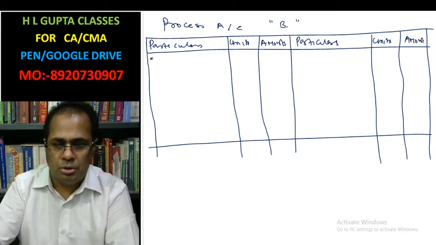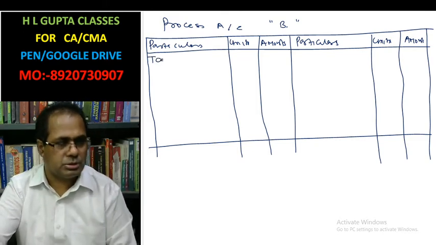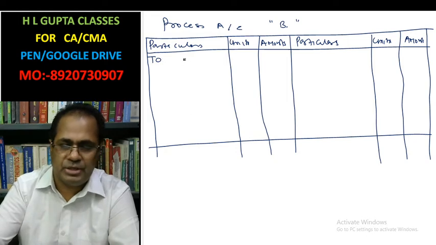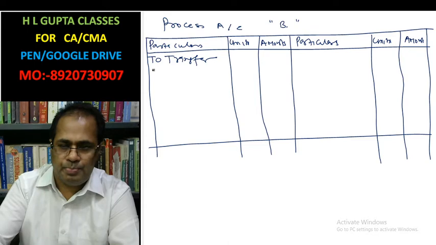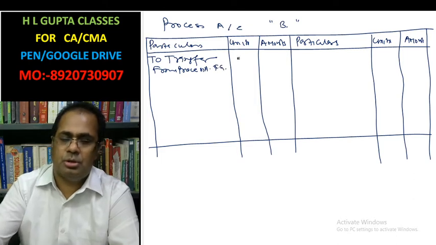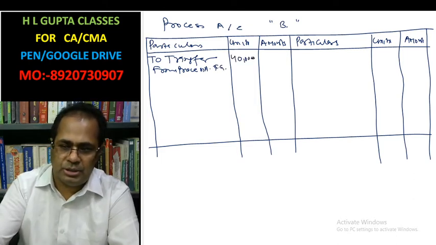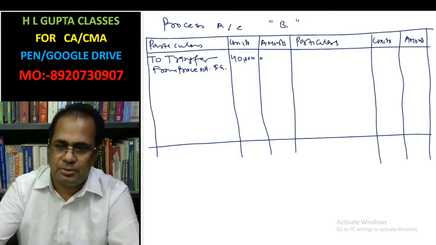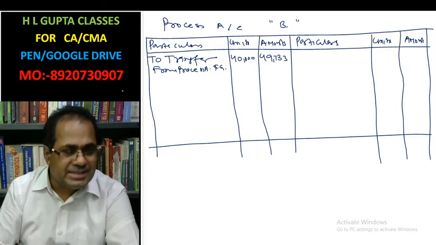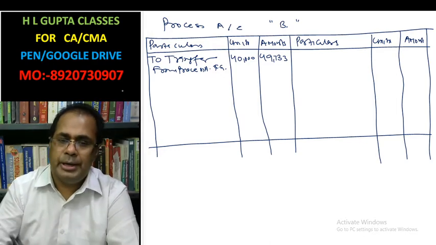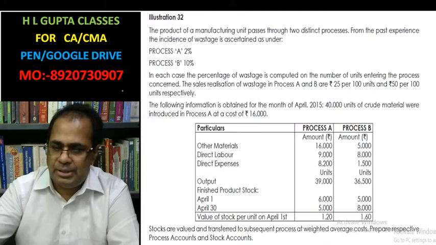To look at it in B process. To transfer from process A finished goods, that is the 40,000 and its cost is 49,733. Now, what is additional cost is incurred in process B.